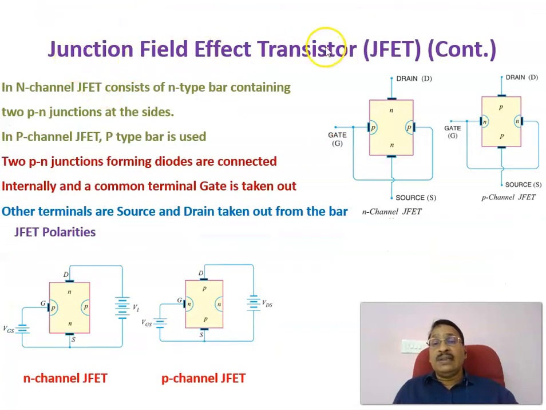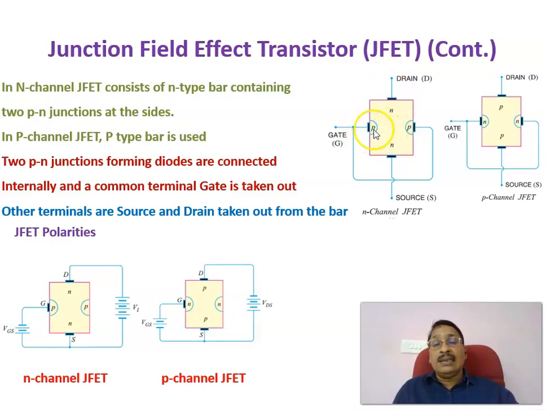Coming to junction field effect transistor JFET, there are two types based on the channel. If it is an N type bar, it is an N channel JFET, and if it is a P type bar, it is called a P channel JFET. In an N channel JFET, at the two ends, one end is connected through a metallic contact that we call the source, and the second is called the drain.